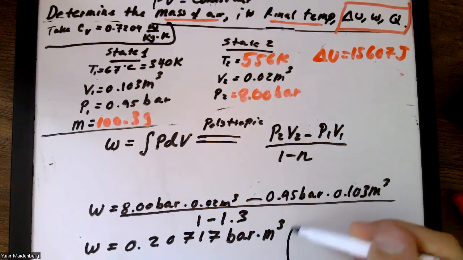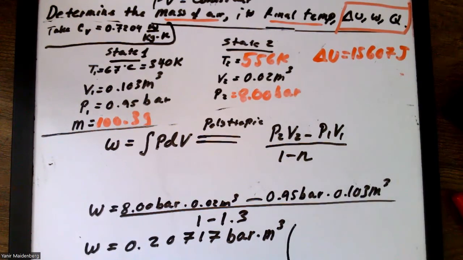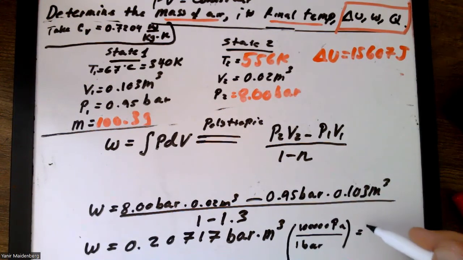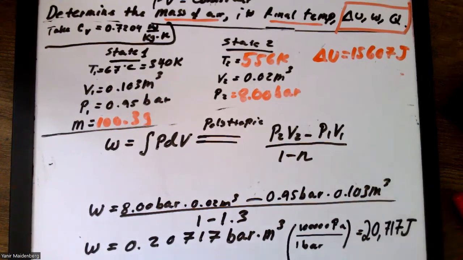So we have to just remember that 1 bar is 100,000 pascals. And then that's a simple thing. You just multiply this by 100,000 and you get 20,717 joules.